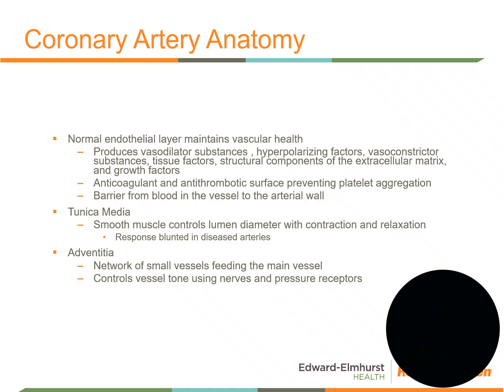It produces vasodilator substances, hyperpolarizing factors, vasoconstrictor substances, tissue factors, structural components of the extracellular matrix, and growth factors. There are anticoagulant and antithrombotic surfaces preventing platelet aggregation, and there's a barrier from the blood in the vessel to the arterial wall. Your tunica media is your smooth muscle that controls the lumen diameter with contraction and relaxation.